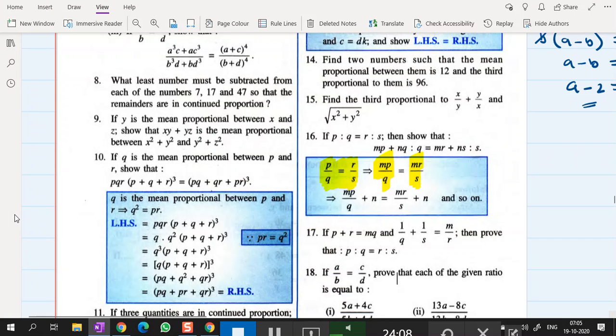So if you multiply M in the numerator, the value of the ratio will not change because you can simply cut M from both the numerators. The ratio will still remain as it is.